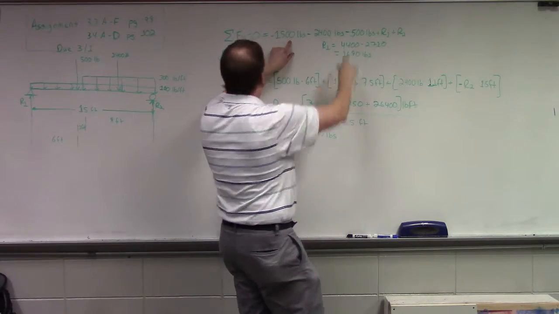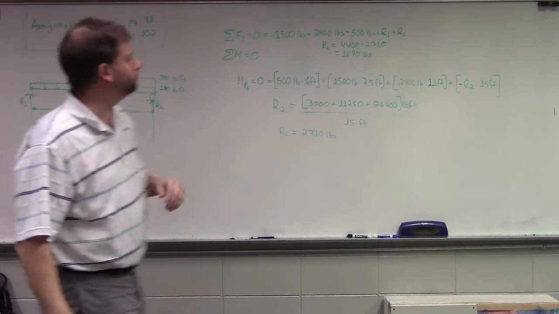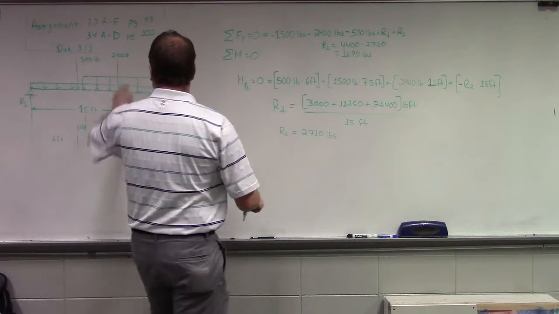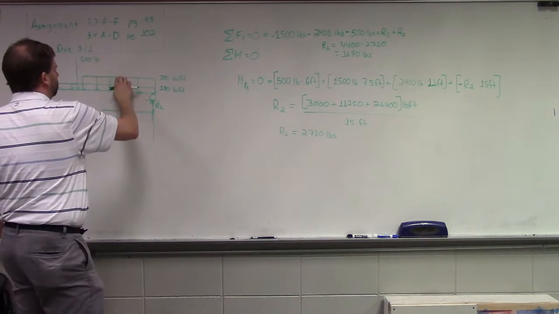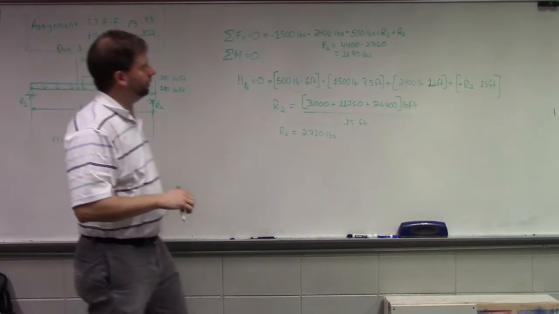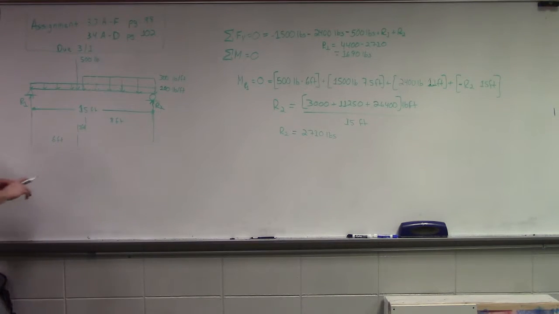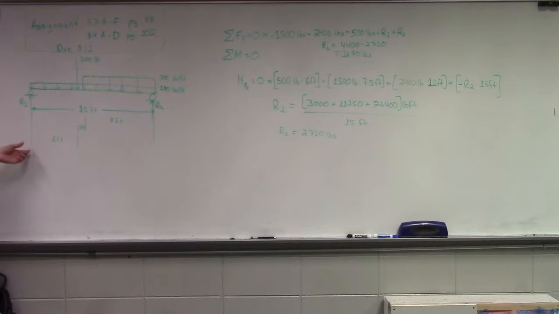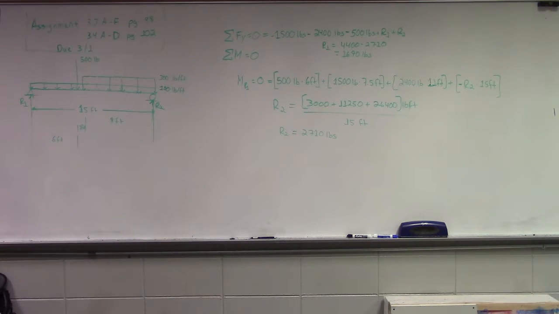I just summed this, because remember, the sum of forces equals 0, so R1 equals the sum of all your forces in the vertical direction minus R2. Does that make sense that we need more capacity over at R2 than we do at R1? We've got heavier loading on that side of the structure.